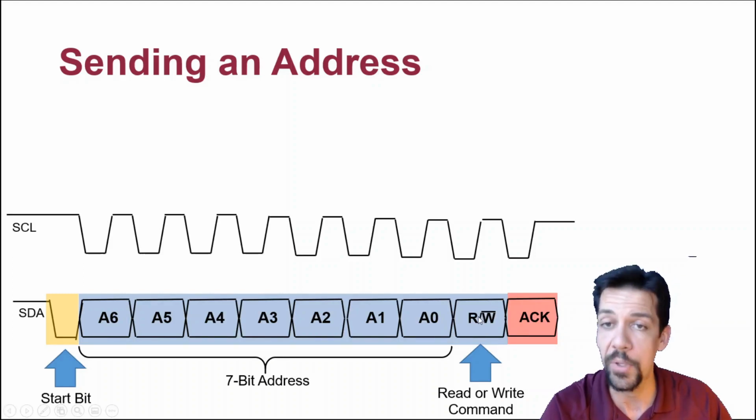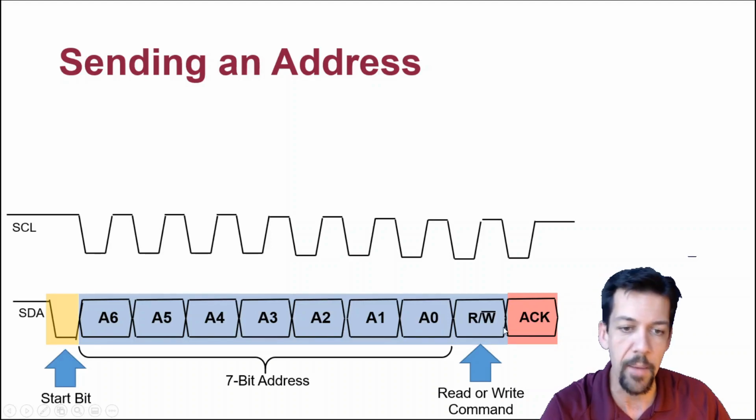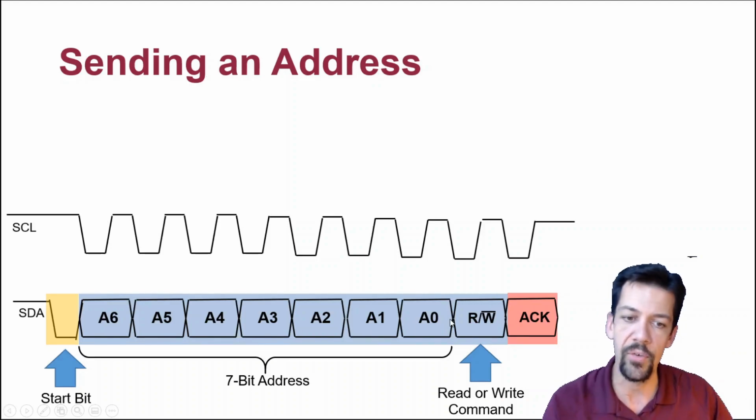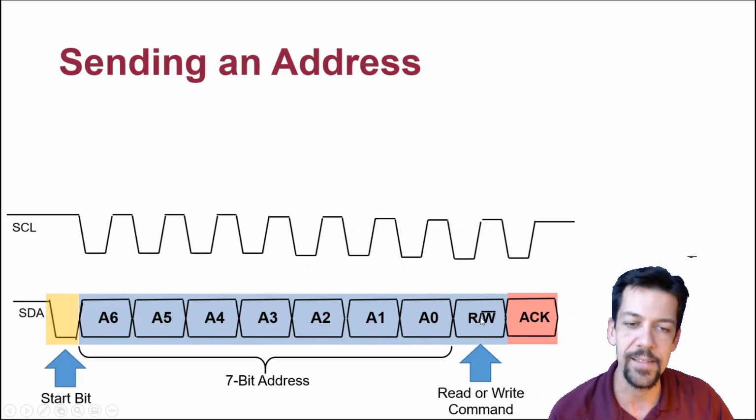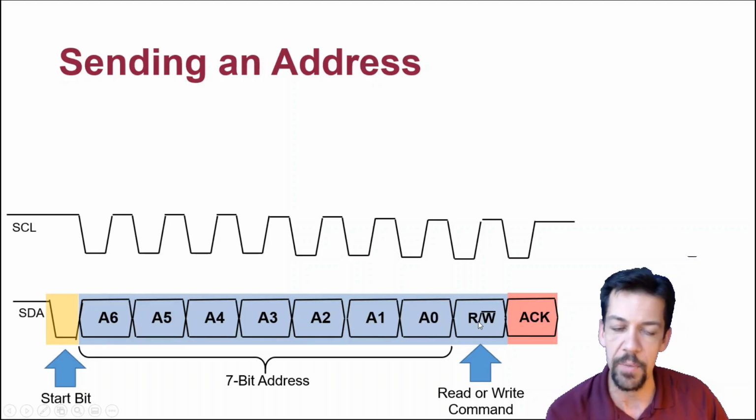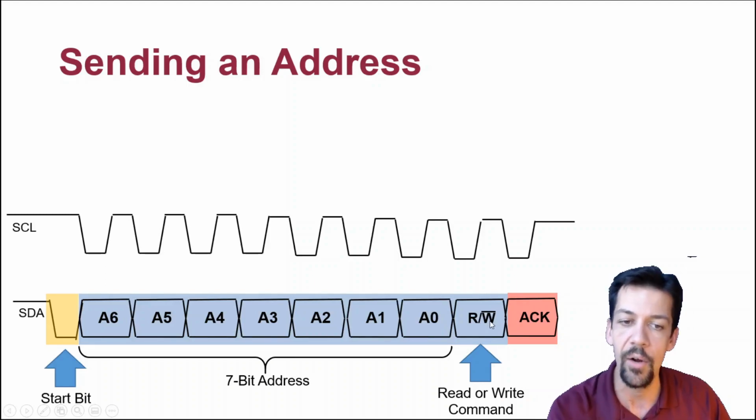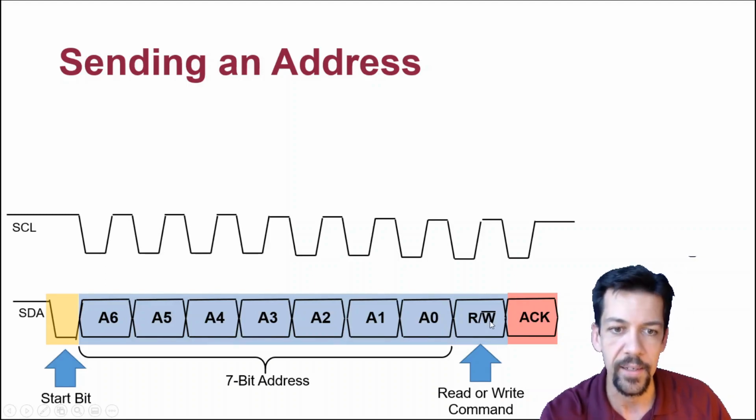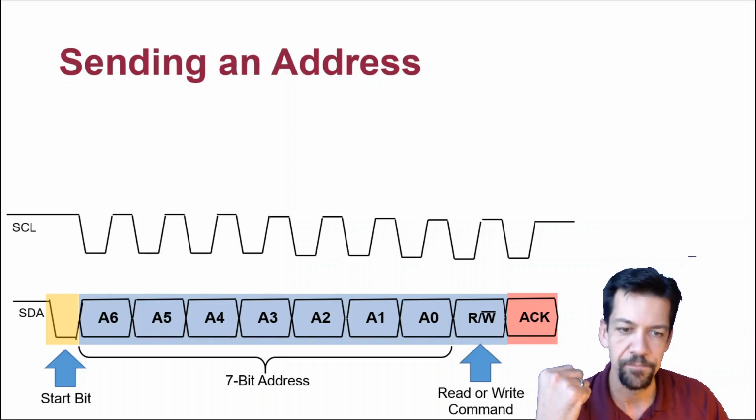And on our particular microcontroller, we have to set up this byte ourselves. So we would take 7 bits of an address, shift it over 1, and then set the low bit to 1 if we want to read from a slave, or leave it 0 if we want to write to a slave, right?